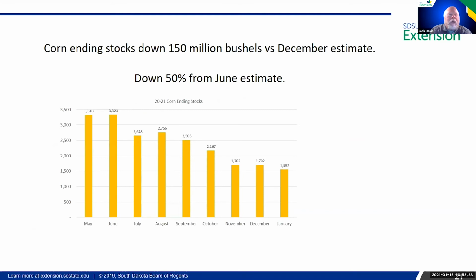So corn ending stocks are down 150 million bushel versus December estimate. But the key, I think that's very interesting, people are asking, why do we see such a market move late into the year?